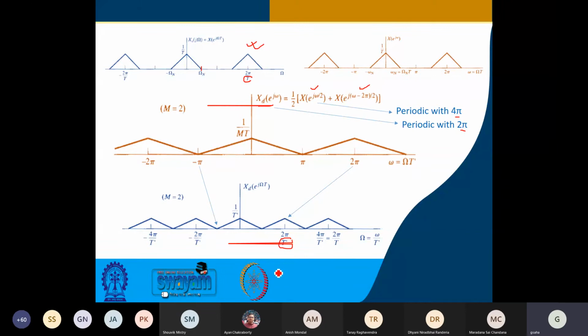So sampling frequency got reduced. This is 2 pi by T, so this is 2 pi by T prime that you see over here, and it is just managing itself not to get aliased.